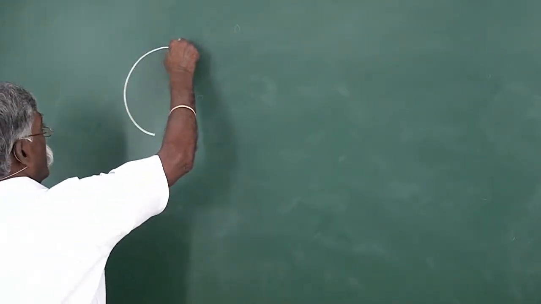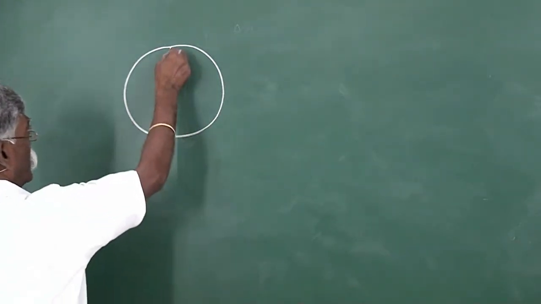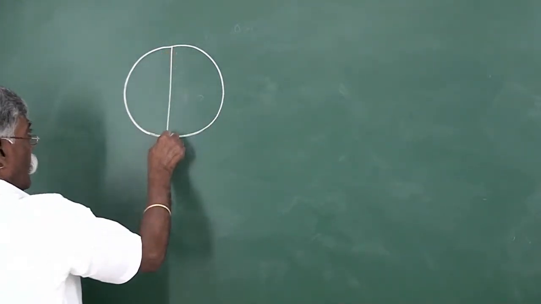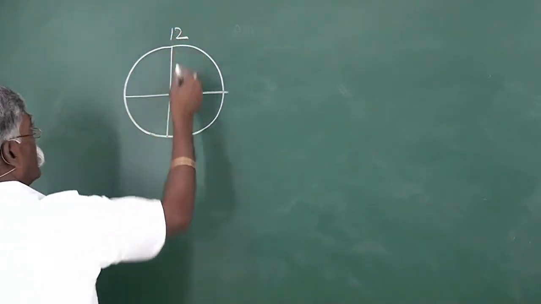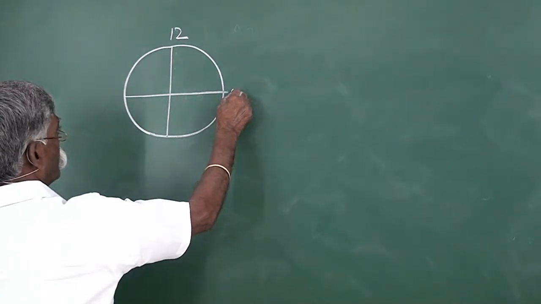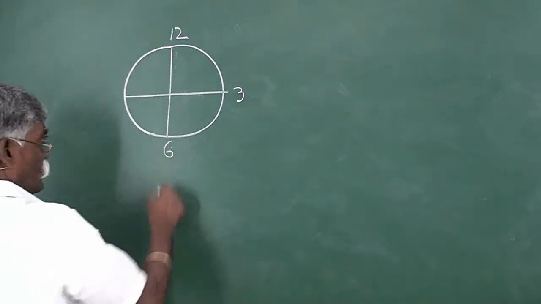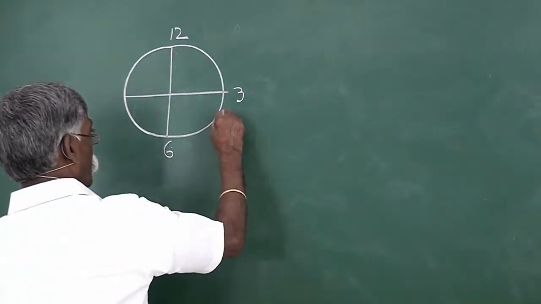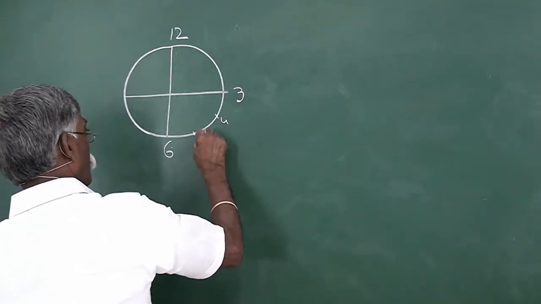Now if this is the clock round, and this is 12, and this will be 3 and this will be 6, and here it is 4 and here it is 5.